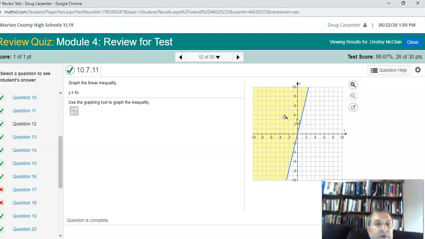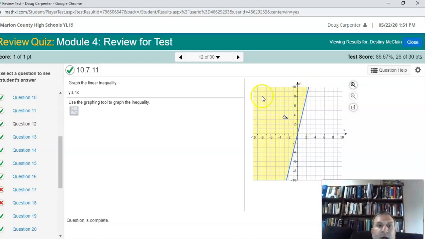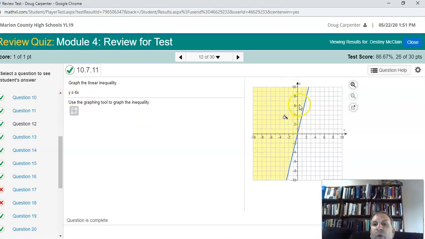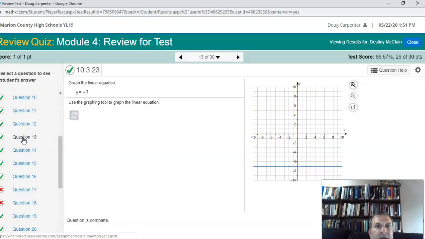Now y is greater than or equal to 4x, so I go up 4 over 1. I have a solid line right through here. That's my slope, and now I'm looking for where y is greater. Where are my y values getting bigger? Up there.